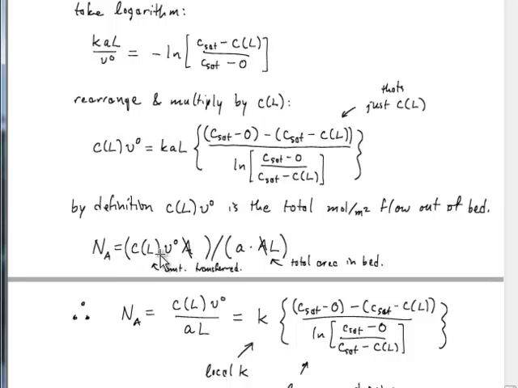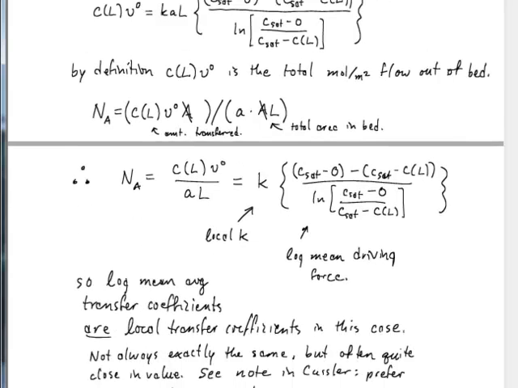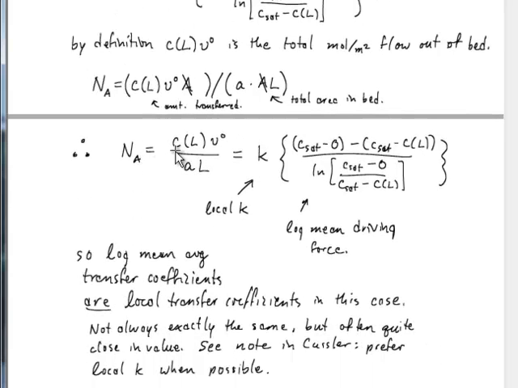And then we're going to divide this total amount of transfer, that's moles per second, by the total area in the bed, right? So that is the area per unit volume of the bed multiplied by the volume of the bed, which is the length of the bed multiplied by its cross-sectional area. Okay, so you can see here that the two factors of A are going to cancel, and what we're going to be left with is that NA is equal to the concentration at the exit multiplied by the superficial velocity divided by A, the area per volume of packing, and also divided by the length of the bed.